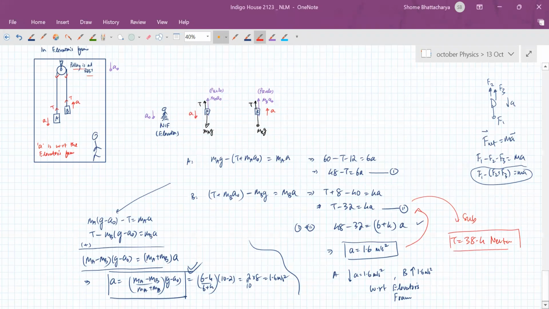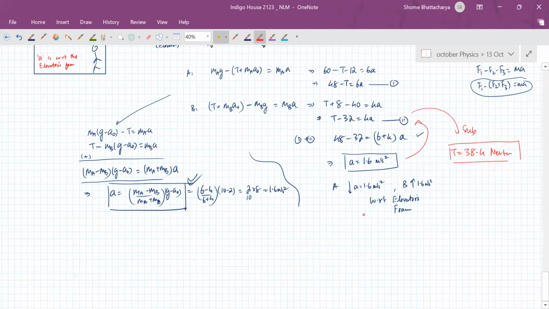Now what we can also see from this is, with respect to ground, what is happening? A has a downward acceleration of how much? A naught plus A, because it's inside a reference frame that is coming down at A naught, and in that frame it's moving at 1.6 downwards.